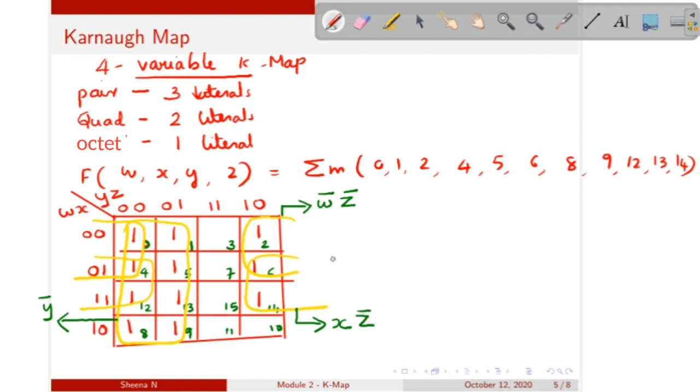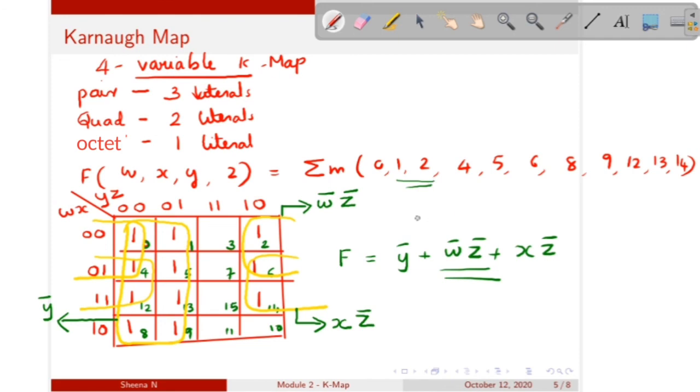So we can write the minimized Boolean expression as Y bar plus W bar Z bar plus X Z bar. So this is the minimized Boolean expression for this Boolean function.